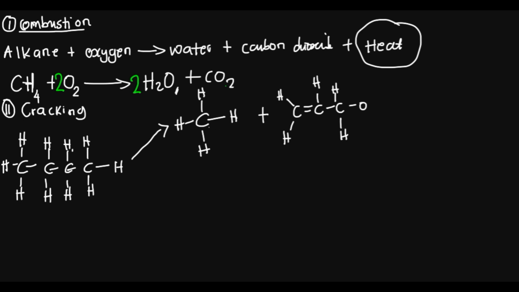Now what you need to have in mind is if a certain molecule undergoes cracking, the number of hydrogen atoms and carbon atoms in the products should be equal to the number of hydrogen and carbon atoms in the first compound. So we can see that we have 1, 2, 3, 4 carbons; we still have maintained.